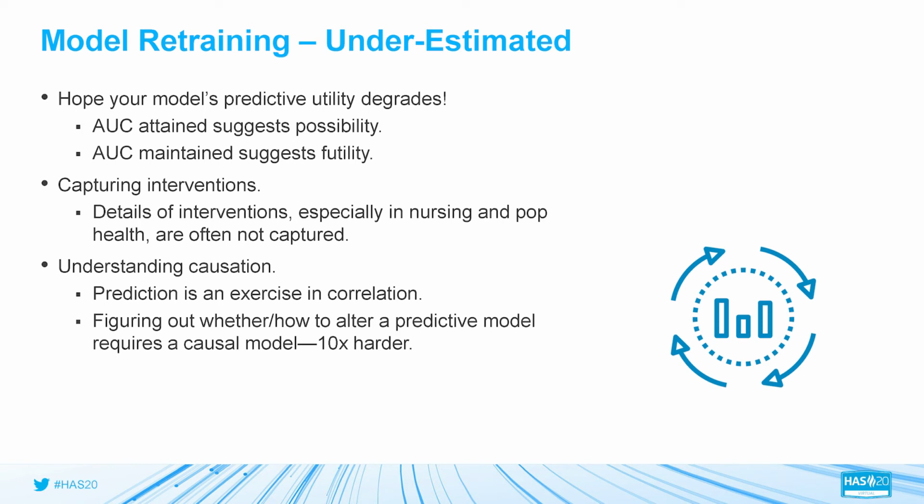What's important is to understand why it is going down. And in order to do that, it's critical to capture what the interventions are so that the machine has a chance to separate out how much of this poor model performance is coming from the model just performing poorly, because the data have changed, the risks have changed, something else has changed, versus no, it's the intervention that's working. We don't want to change the predictive model at all.